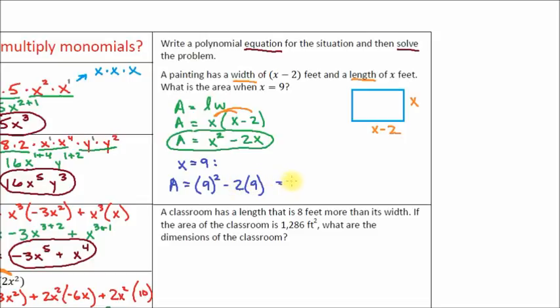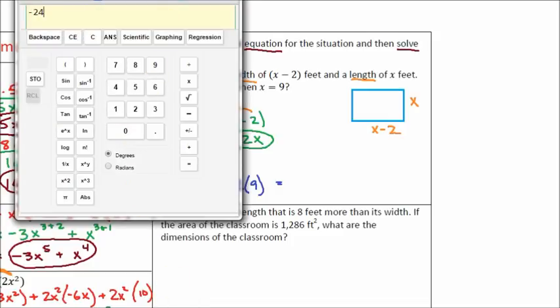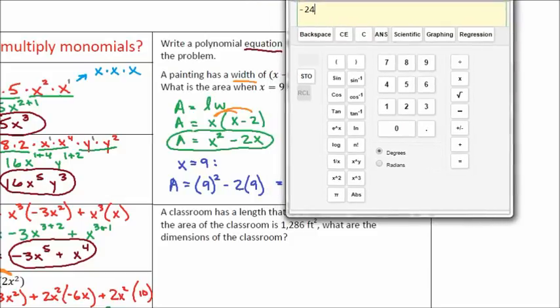Now, a couple things I want you to notice here. We are now doing something called evaluation. We're evaluating this equation when x equals 9. Okay, next thing you notice is wherever x was in the equation, I plugged in the 9. And the third thing I want you to see is always input that in parentheses, because now you can go ahead and pull up your calculator and put this actually in your calculator.